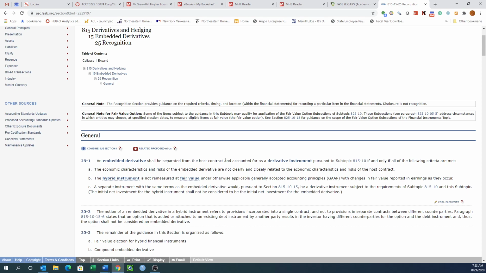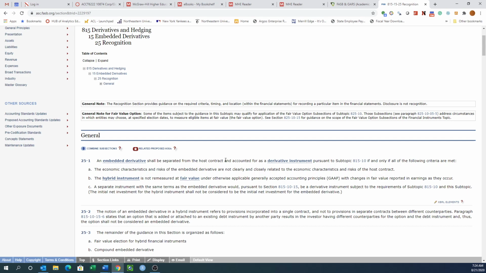The second one: the hybrid instrument is not measured at fair value. So if we do not take the fair value option of accounting for a financial instrument for this hybrid instrument, because you have that option, you learned that in the previous courses. You have the choice to select a contract and take the fair value measurement.